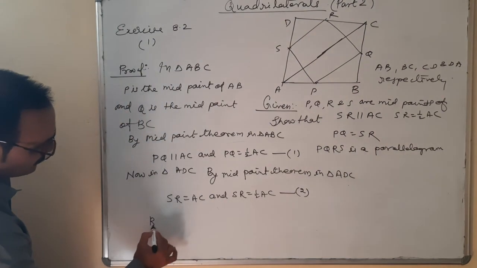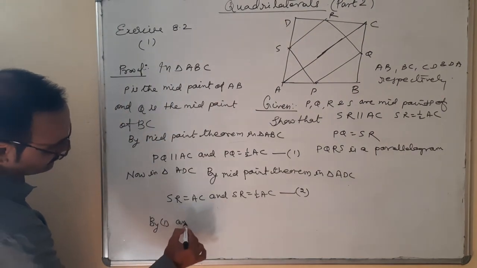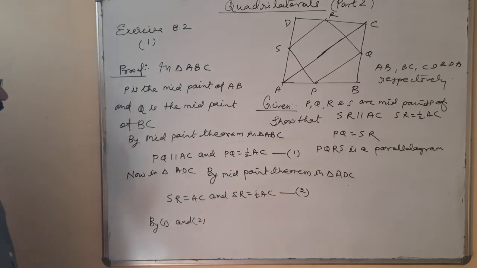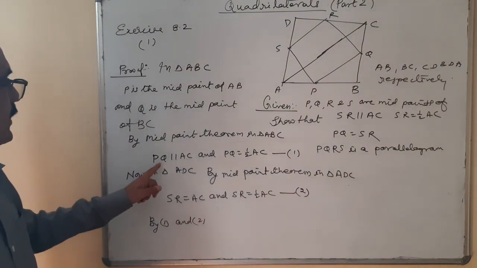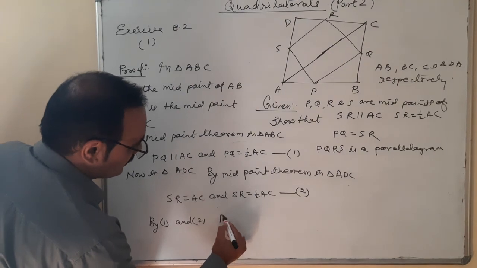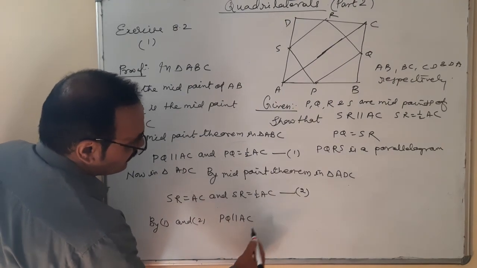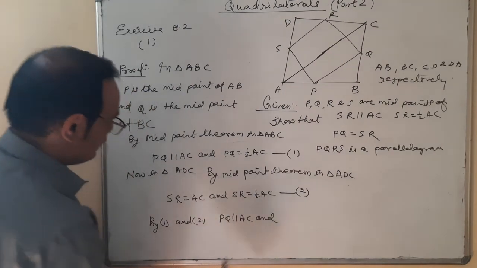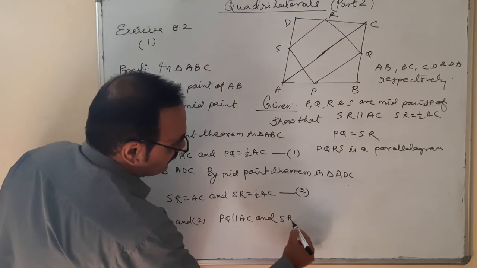By 1 and 2, the first part of 1 is PQ is parallel to AC, and SR is parallel to AC.